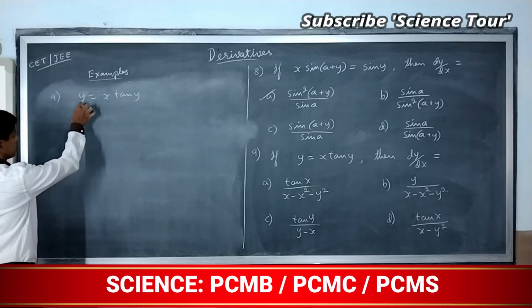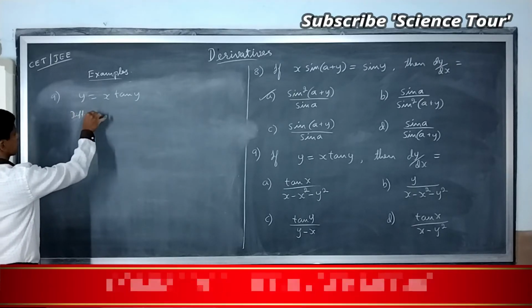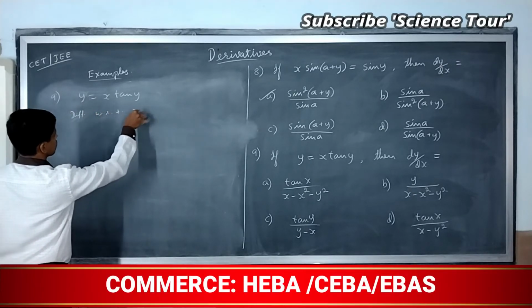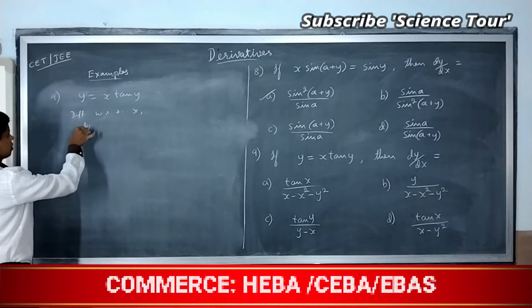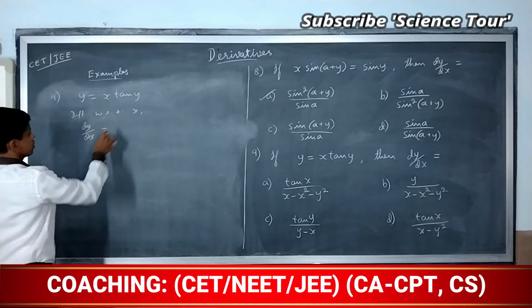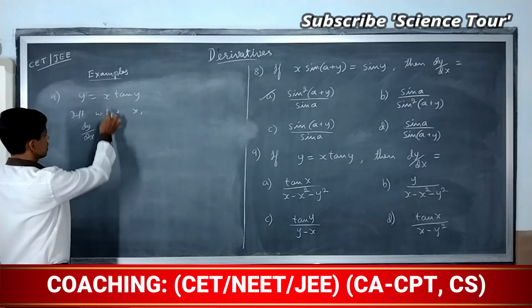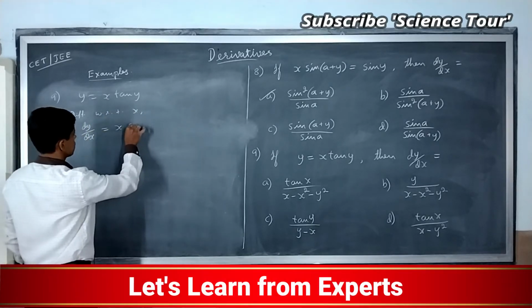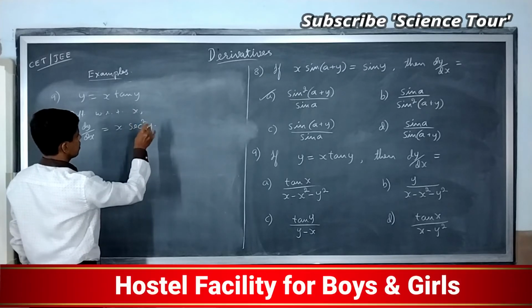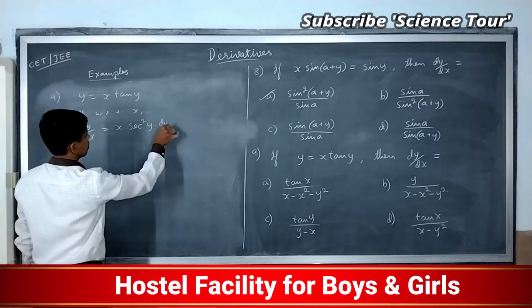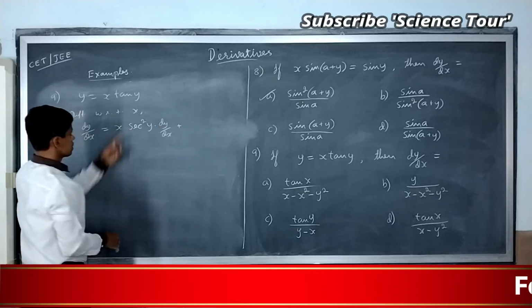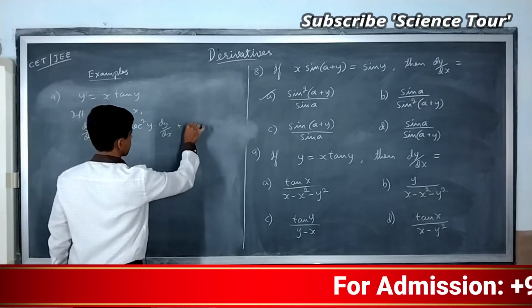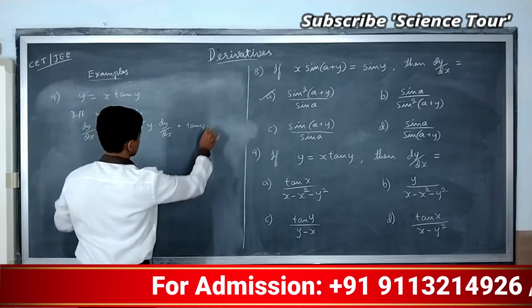Alright, so differentiate with respect to x. Now this is dy by dx, and use the product rule. So first function derivative of tan is secant square y into derivative of y, dy by dx, plus now tan y into derivative of x is 1.